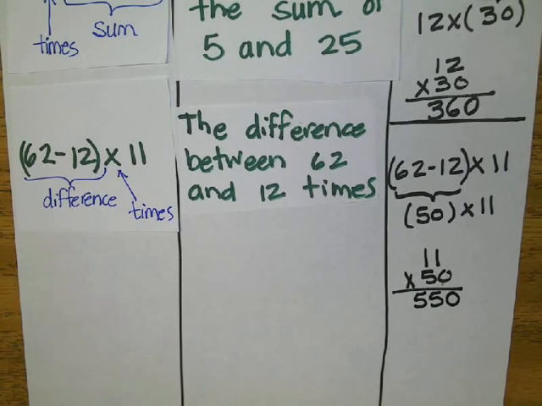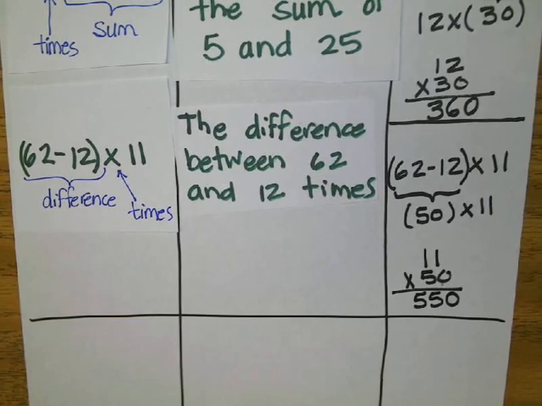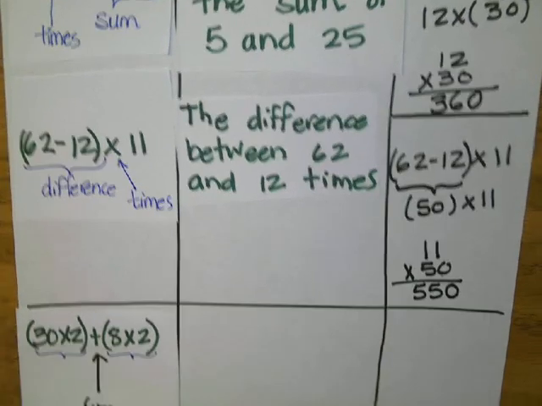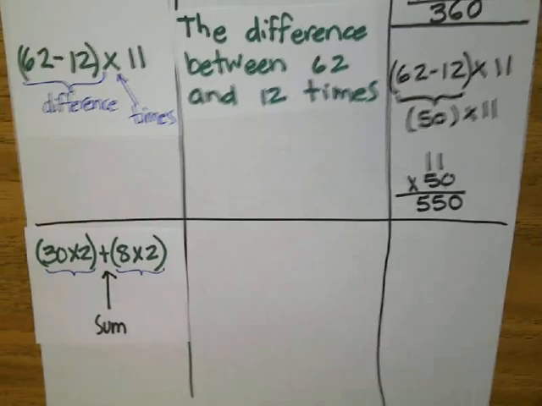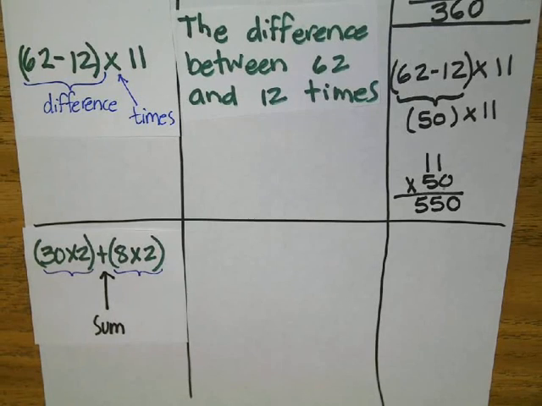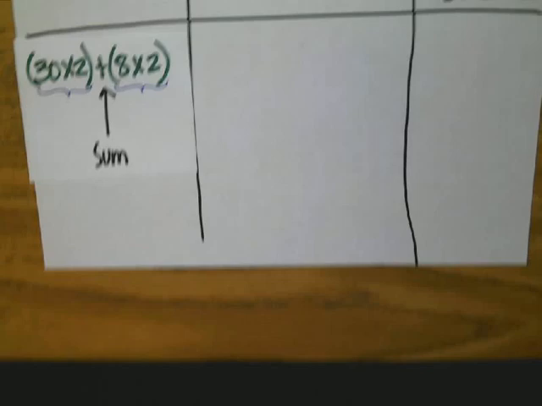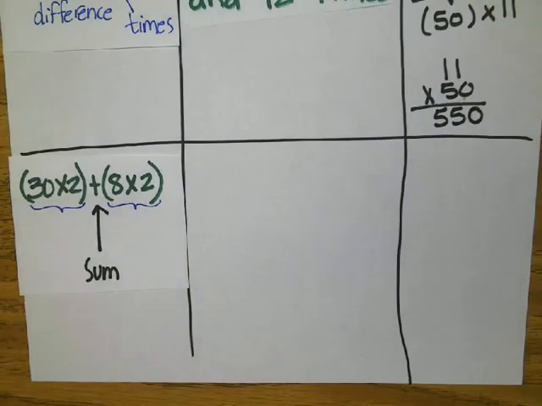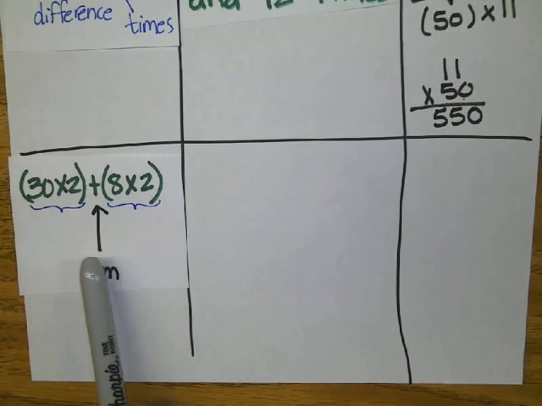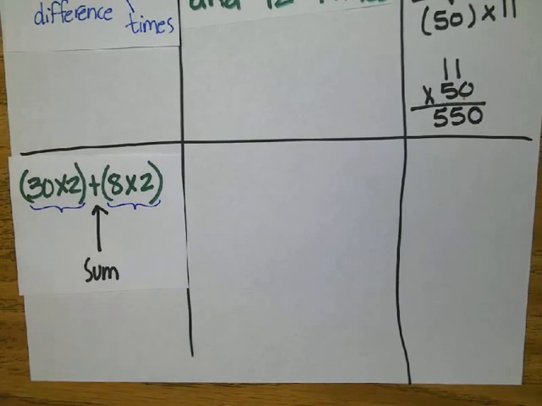That's the second example. Here's the third example. Now, this is a little more complex because this has to do with multiplication. So please be very alert with this because it's a little challenging. Okay, so what did I identify? I identified the sum, but also I identified that this says 30 twos.